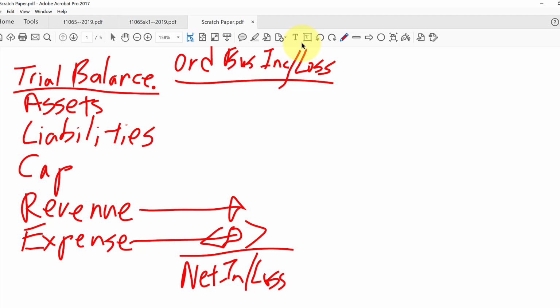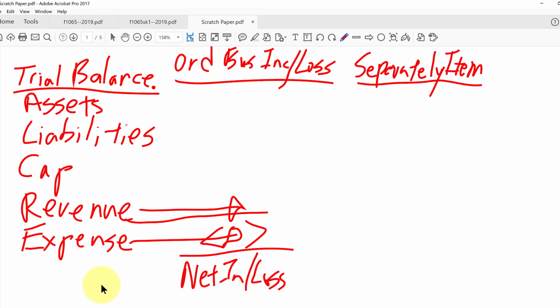Now this is not all the revenue and expenses. So other revenue and other expenses not included here, we're going to move into a second category called separately stated, I'll just call it separate items here.